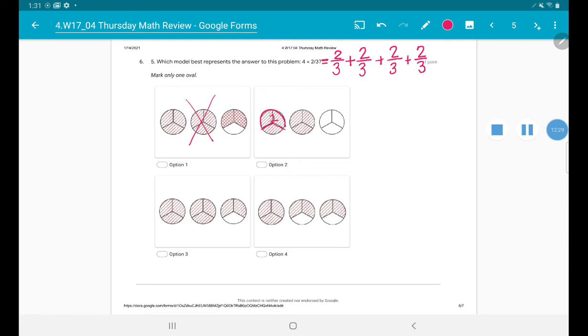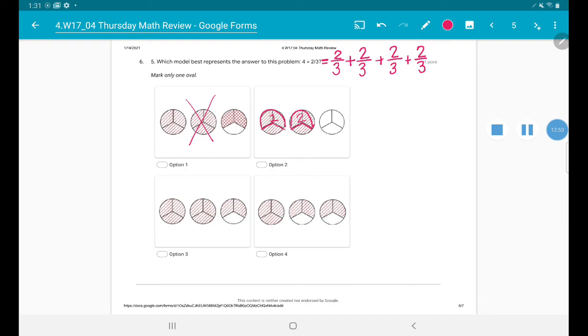All right. If I look at this second one, here's another group or set of 2/3. That gives me 2 2/3. So now I can come back and take these 2 extra pieces. There's 1/3 and another 1/3.